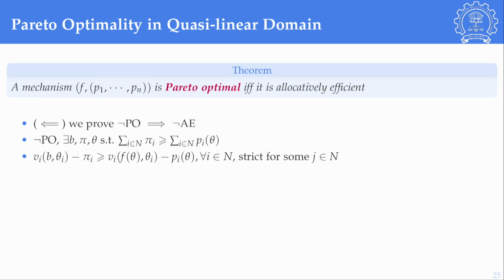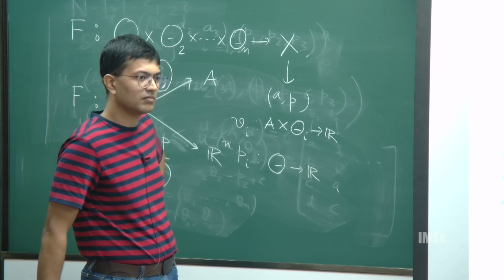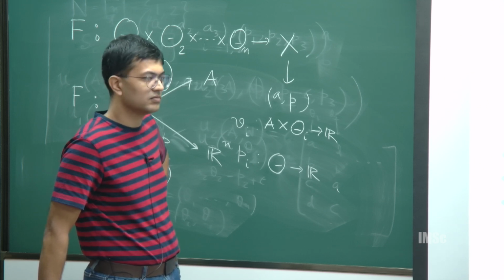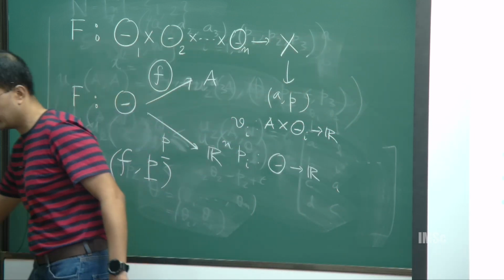Right? And what do you do? Then very next step? No, we will have to show that that is not allocatively efficient. So, what will be my counter example to that allocative efficiency? There exists a mechanism that is increasing the total utility. So let us remember what was allocatively efficient.